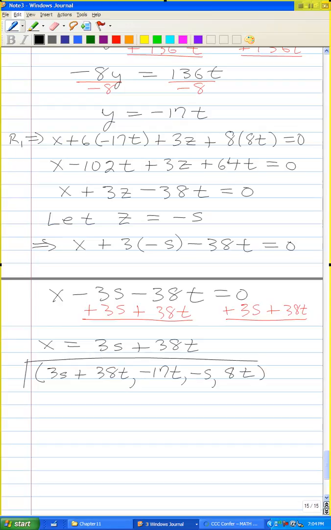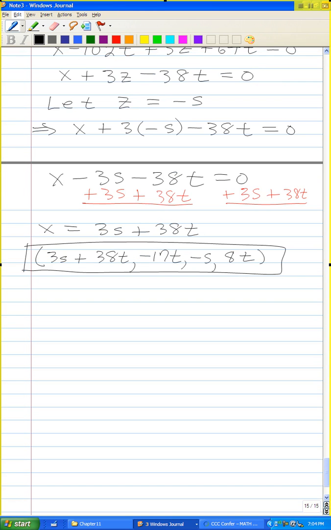And so this is a two-parameter family of solutions, which means that this is actually a plane in 4-space. So this is a two-dimensional plane in a 4-dimensional space.